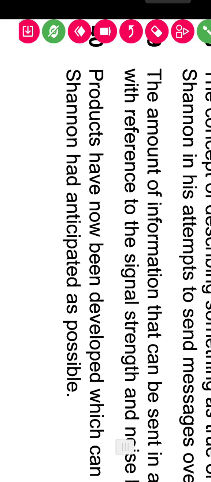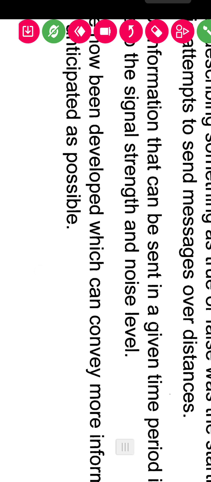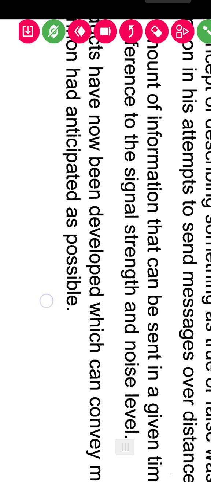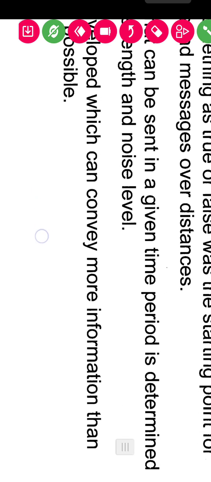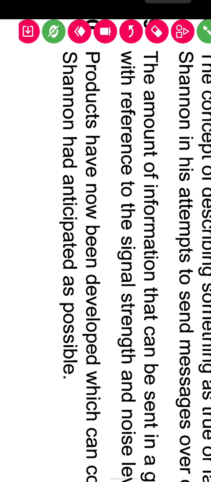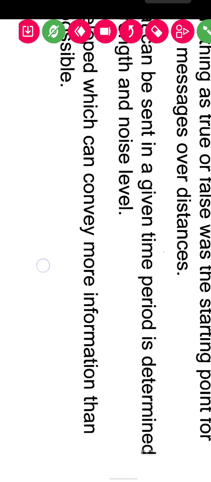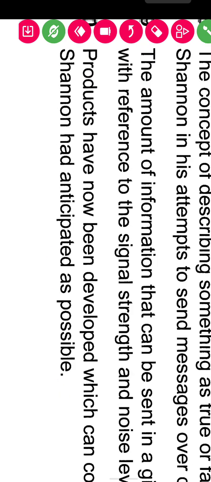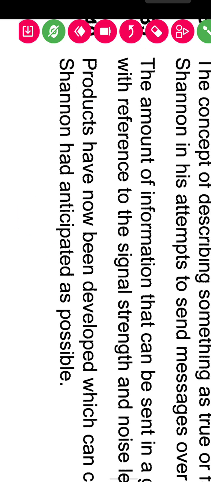In question number 40 it is mentioned products have now been developed. Here the word is now, it has been developed, which can convey more information than Shannon anticipated as possible. It means that nowadays there are many products through which we can convey the information that Shannon anticipated as possible.